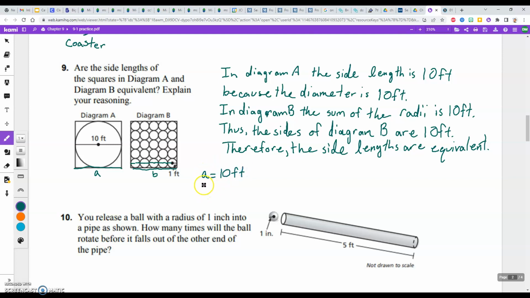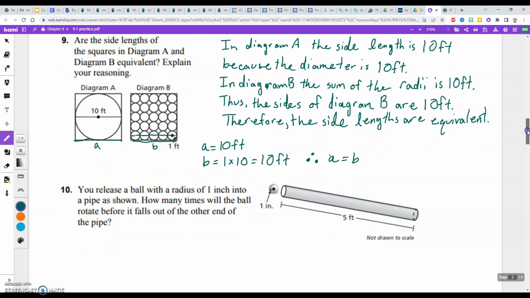We could have then said that B equals 1 times 10, which is 10 feet. And then we could then say, therefore, A equals B. So that's just a way to shorthand stuff. You guys will do more shorthanding in the future.